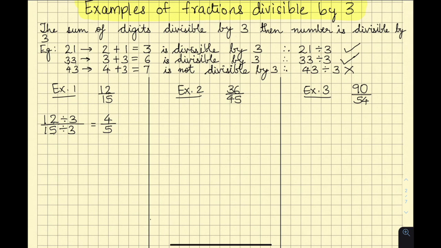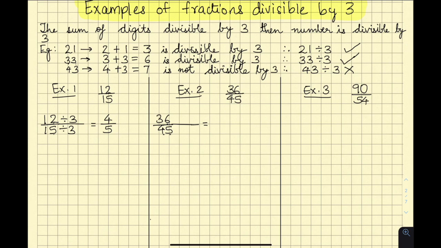Let's see example number 2, where we have 36 over 45. Now 36 has 6 in the unit space, which is an even number. It is divisible by 2. But if you see the number 45, 5 is an odd digit and hence 45 is an odd number, so it is not divisible by 2.